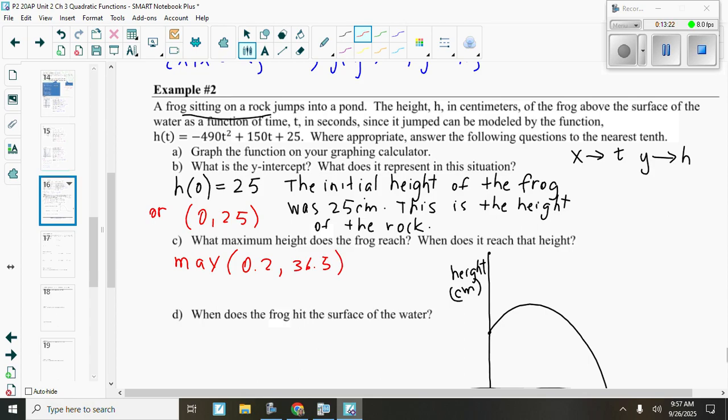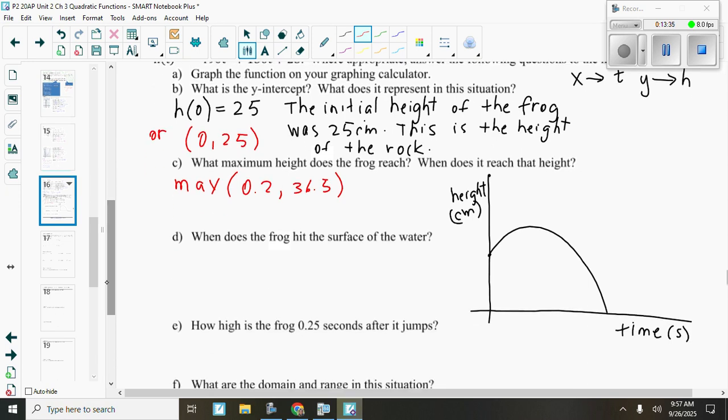However, that's the math part, but it asked you a question. So make sure that you answer the question in words to give context and to use units as appropriate. So you've done the math part, but you need to say the max height is 36.5 centimeters.